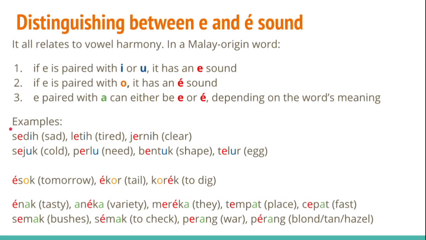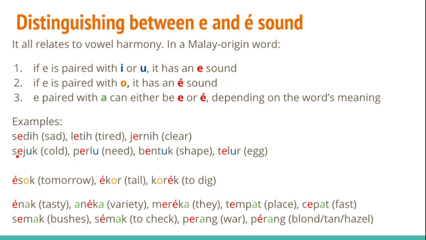All right, let's look at the examples for the first rule. Here we have the words where E is paired with an I or with a U. So let's read them out loud. This is sedih, this is letih, and this is jernih.